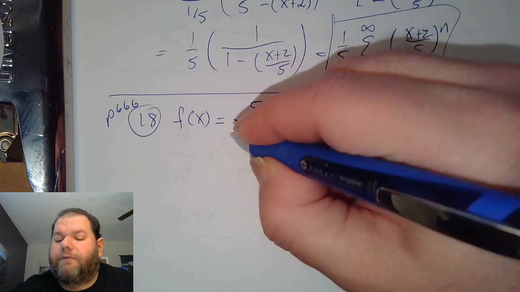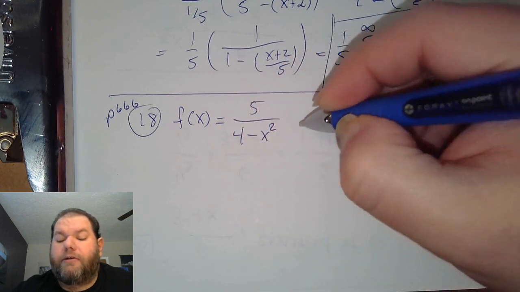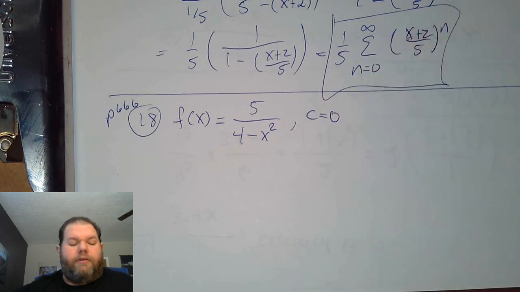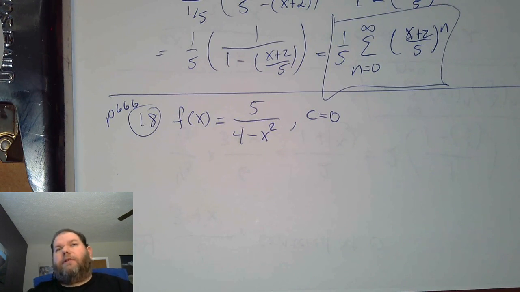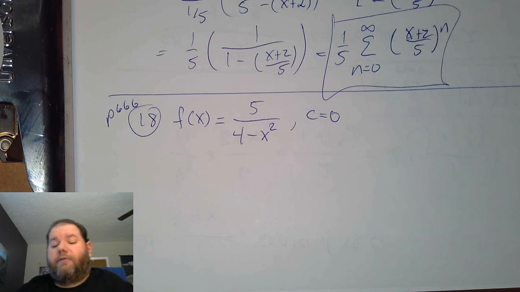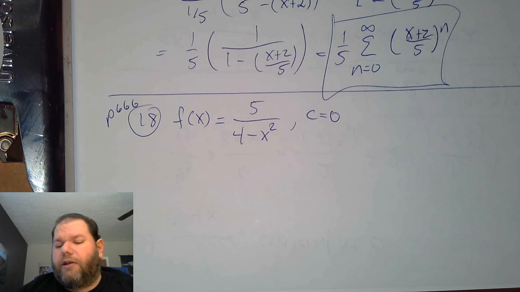So we have 5 over 4 minus x squared, c equals 0. There's really two ways we could do this. I wanted to do this before 16 because I didn't want to confuse the issue. It's centered at 0 just to make it a little bit easier on us, because these are hard enough already without changing the center.